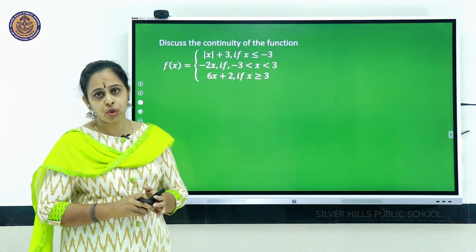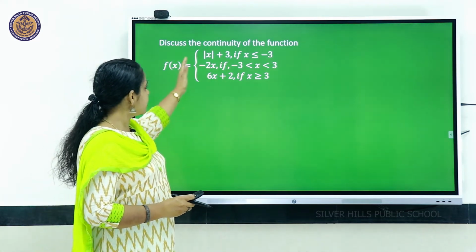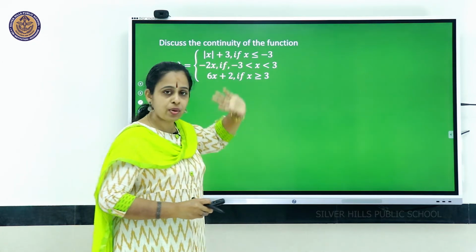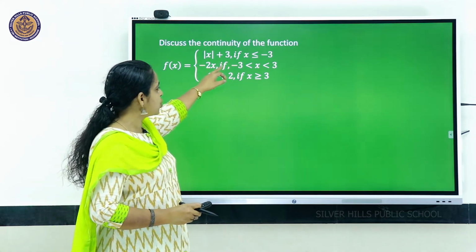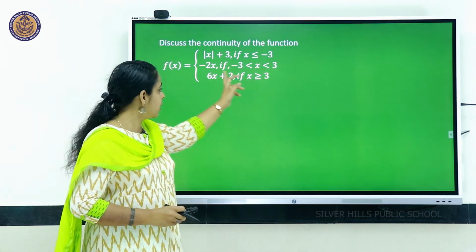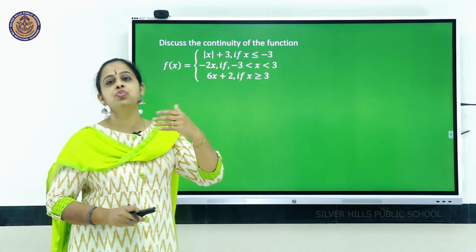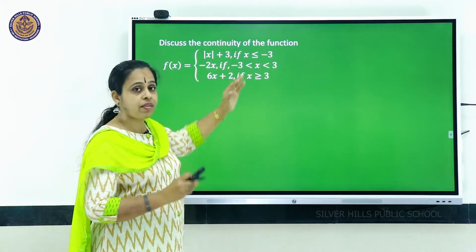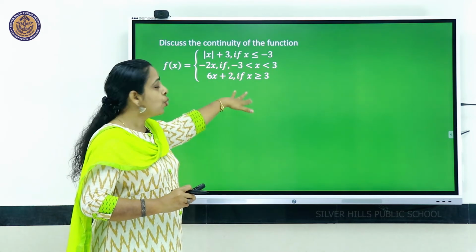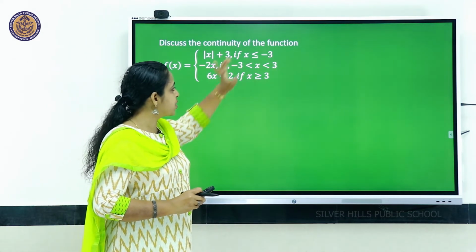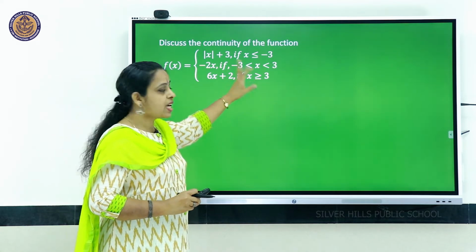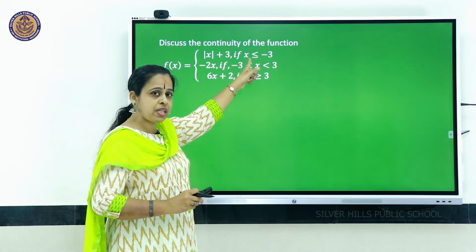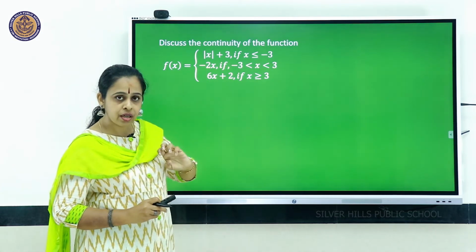Coming to another question. The function is equal to mod x plus 3 when x is less than or equal to minus 3, equal to minus 2x between minus 3 and 3, and 6x plus 2 when x is more than 3. So, the real line is broken into parts. One place it is minus 3, second is 3. So, left of minus 3 it has the same nature.